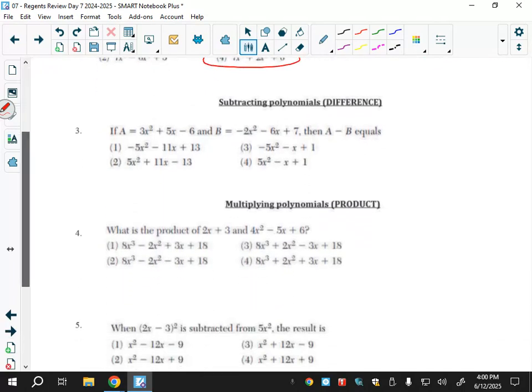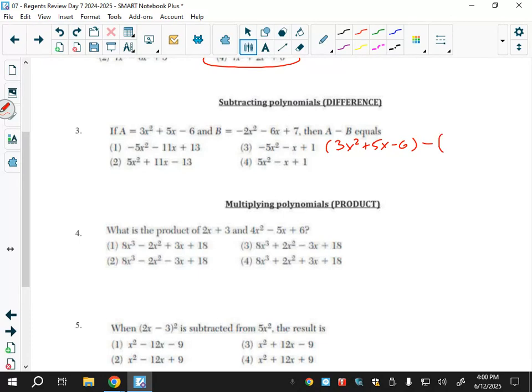Okay. Getting back into our operations, when we're subtracting polynomials, really important that we're distributing the negative to whatever the second term is. So we can write the first term in parentheses if we want, right, where we're doing this a minus b, where a is 3x squared plus 5x minus 6.